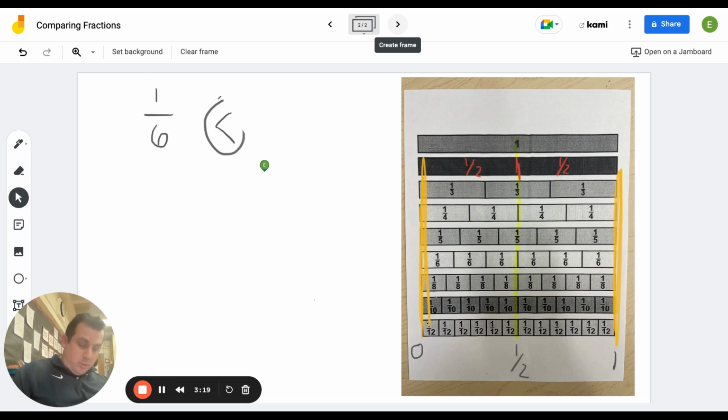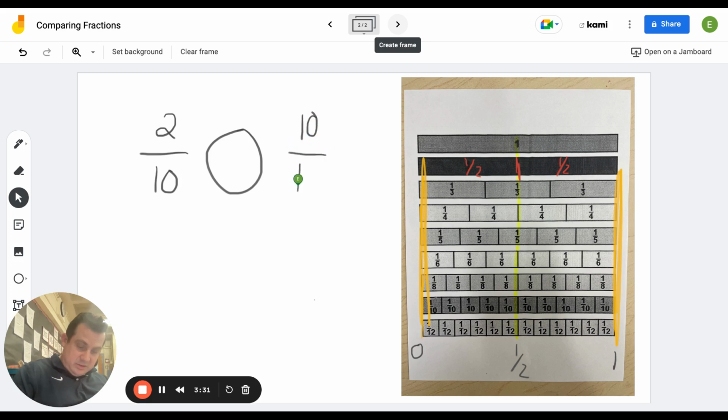We could do one more here. If I was comparing 2/10 and let's say 10/12. Well, 2/10, we're going to look at it here, is 2 pieces out of the 10 shaded in.